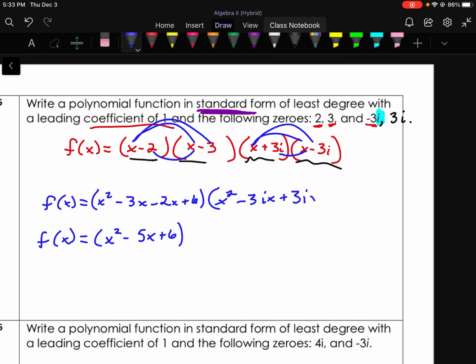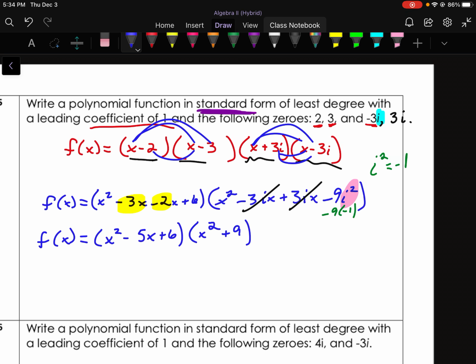I should have mentioned that to get negative 5 here. But cleaning these up, so negative 3ix, positive 3ix cancel, so that leaves me with x squared. Now we need to talk about i squared. Just a note, it's coming back now. i squared equals negative 1. So really that's negative 9 times negative 1, which would make that x squared plus 9.